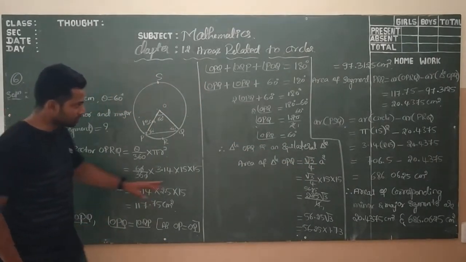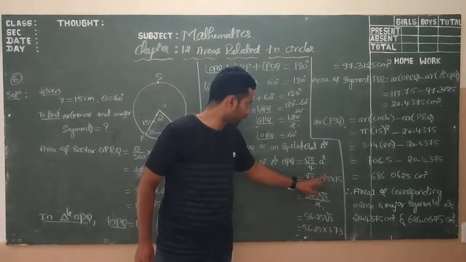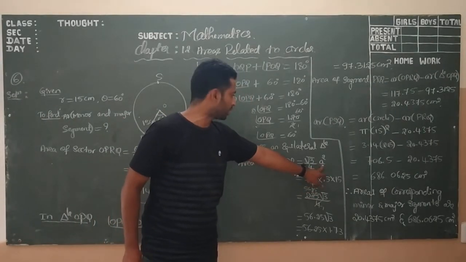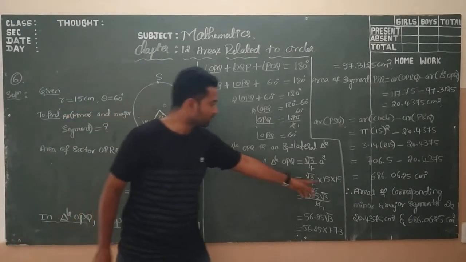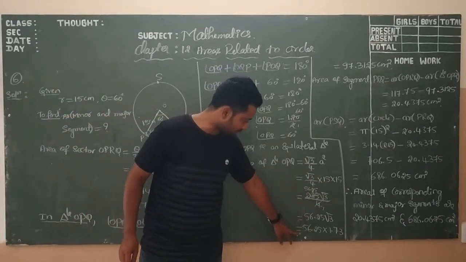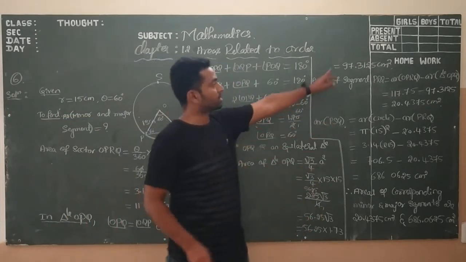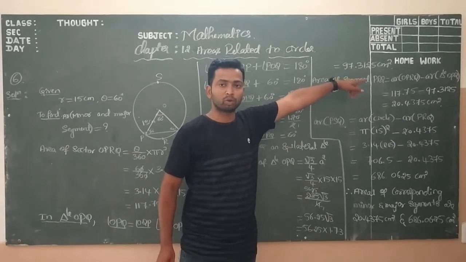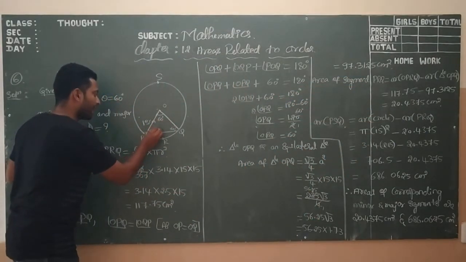So root 3 by 4 into a squared, where a is the side of the triangle, 15 centimeter, 15 into 15. By simplification, with 1.73, we get 97.3125 centimeter square. This is the area of this triangle.